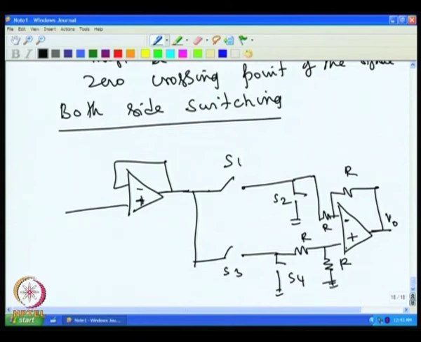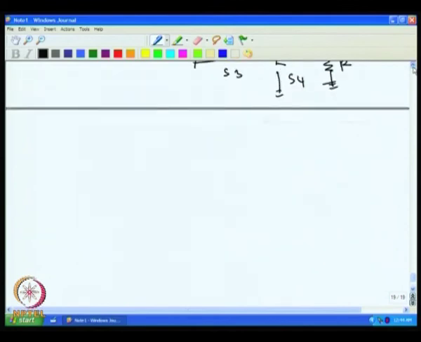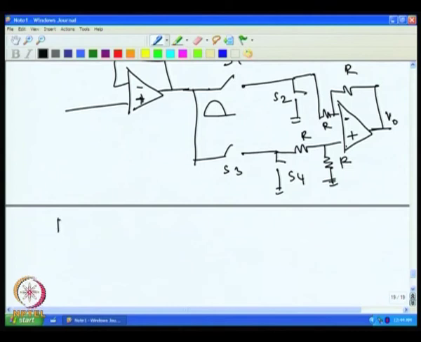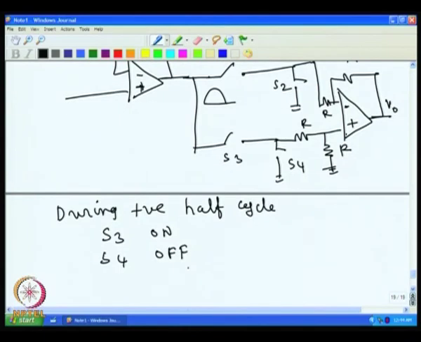So, for example, during the positive half cycle, I will switch S3 on, S4 off, then S1 off, S2 on.